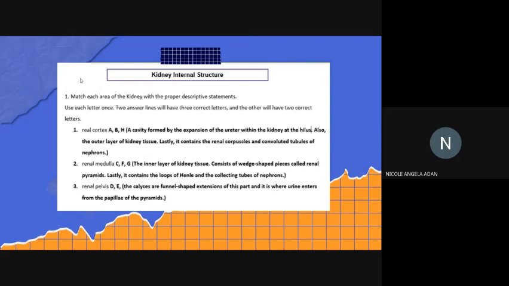For the right picture, number 9, the cortex, number 10, the medulla, number 11, the renal papilla, number 12, the renal corpuscle, number 13 is the renal tubule, and number 14 is the collecting duct.